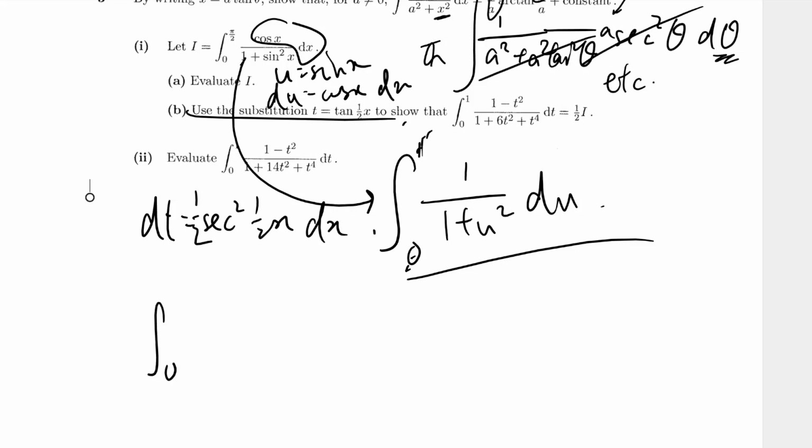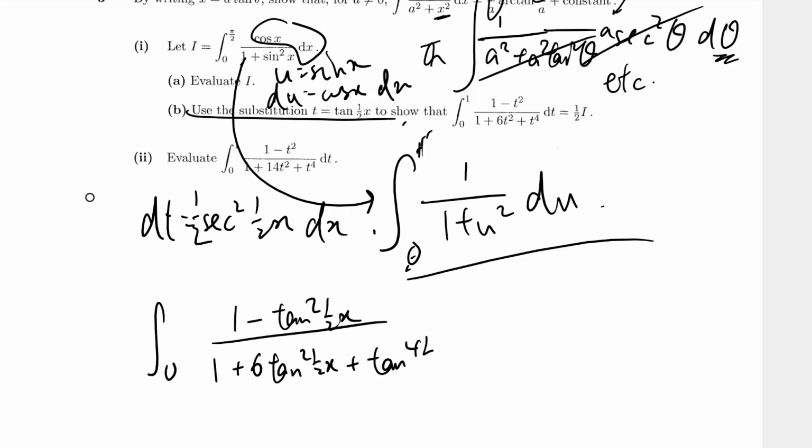The bounds you change yourself, I don't know what the bounds are. 1 minus tan squared half x over 1 plus 6 tan squared half x plus tan to the 4 half x. And dt is just a half sec squared half x dx.